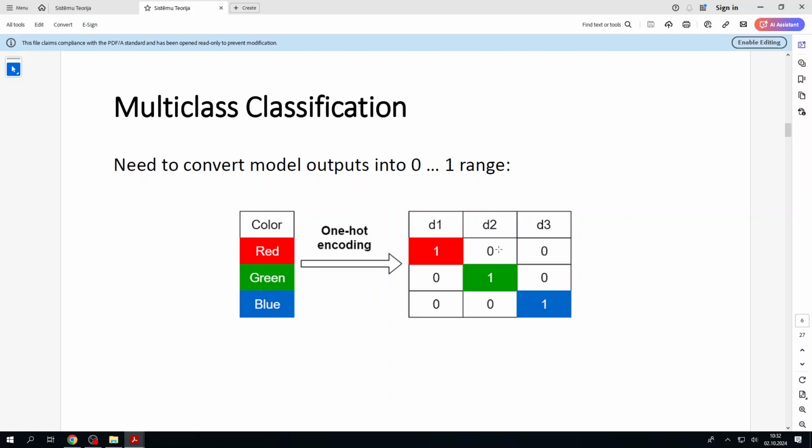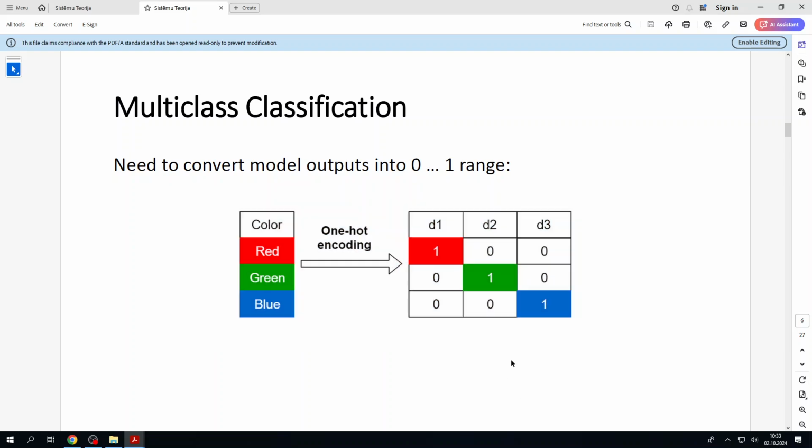Since we have three possible outcomes, three classes, we make three columns, one for each class. The first class says here, is it red or not? Yes or no? The first one was red, so we have one here, and obviously it is not green and not blue, so we have zeros here.